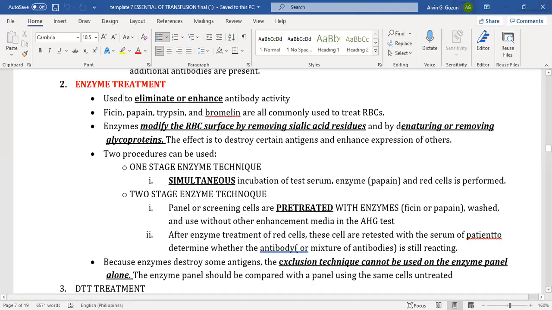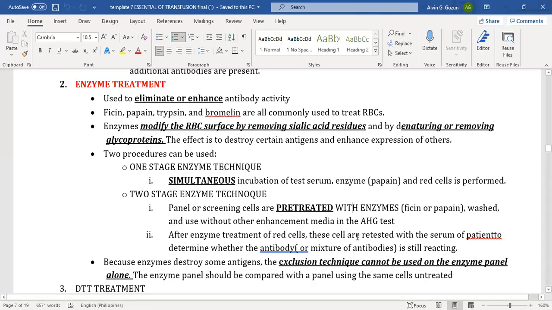When we say two-stage enzyme technique, listen. Panel or screening cells are pre-treated with enzymes. Wash and use without other enhancement media in the anti-human globulin test.